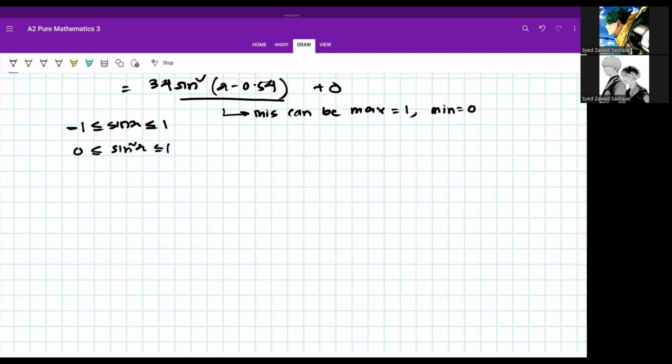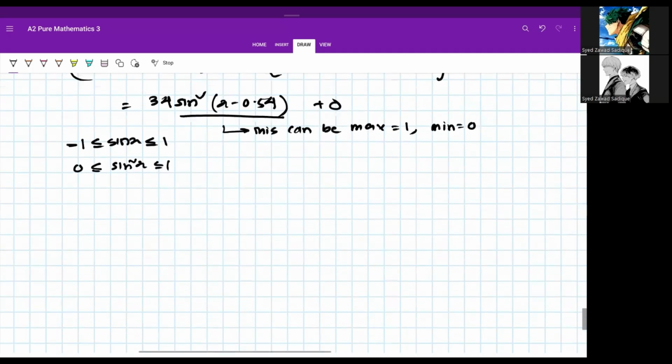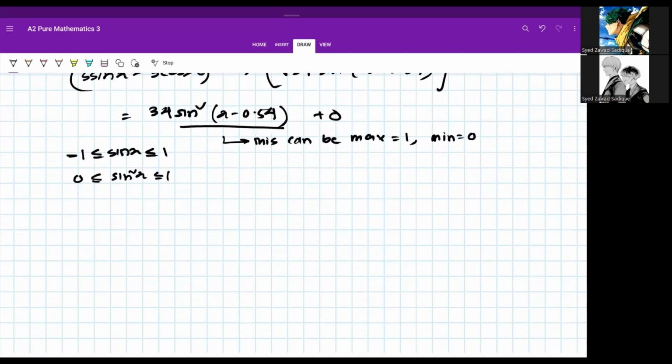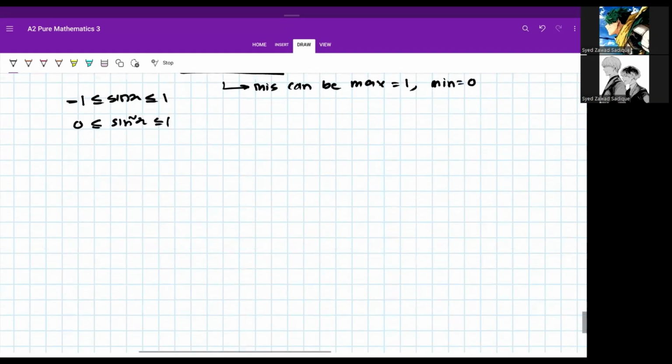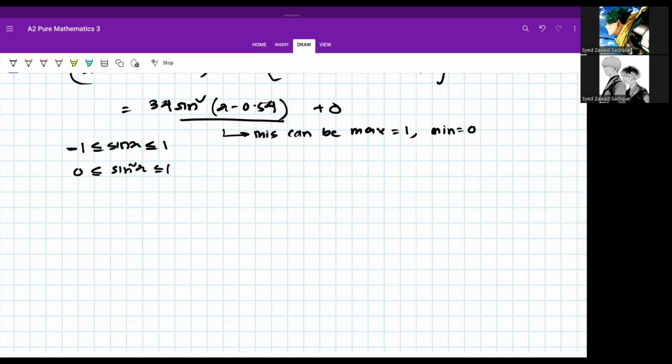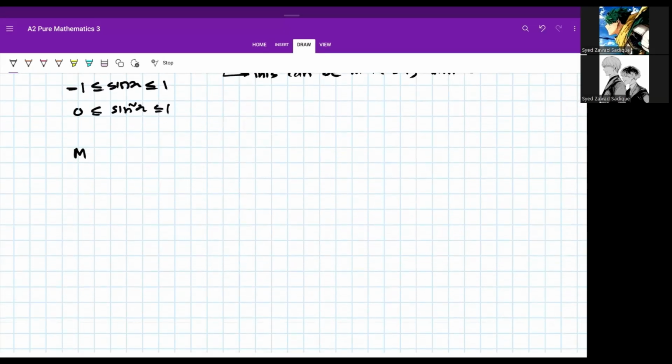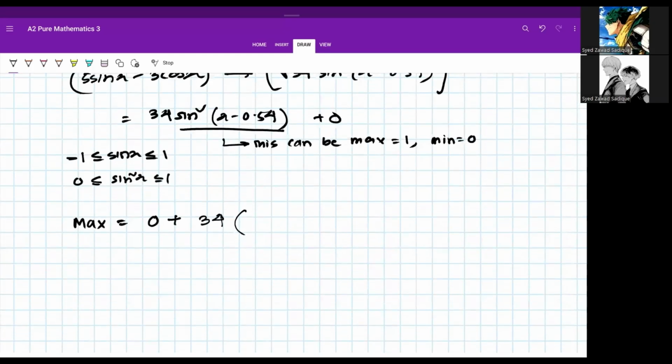So as there is no baseline, if the question says to find the maximum value, we have to consider that. Let's say max: baseline is 0 plus our amplitude 34 multiplied by the max value of sin²(x − 0.54).